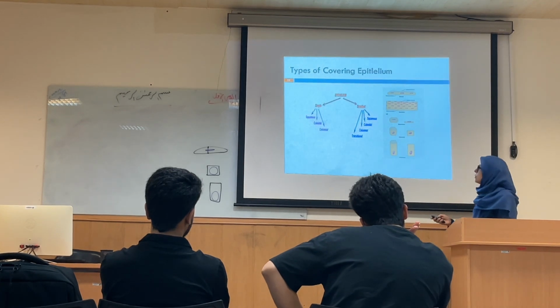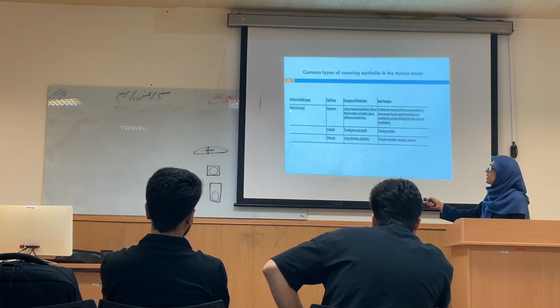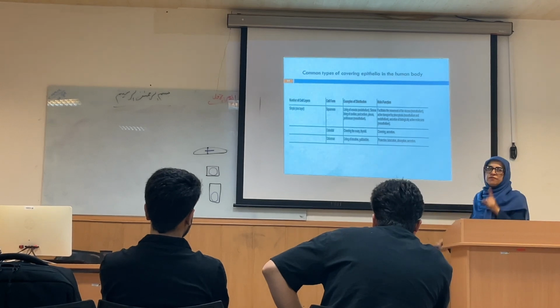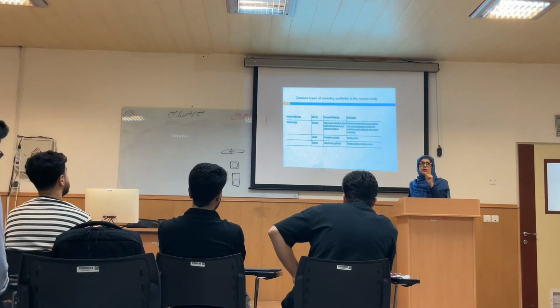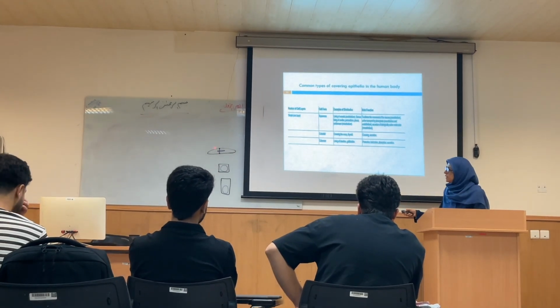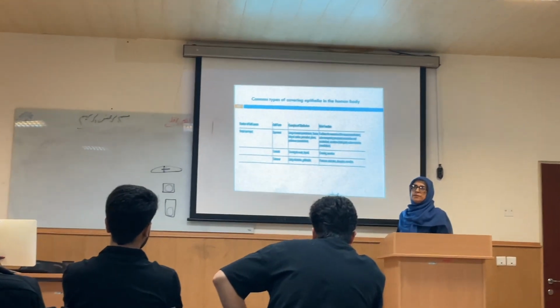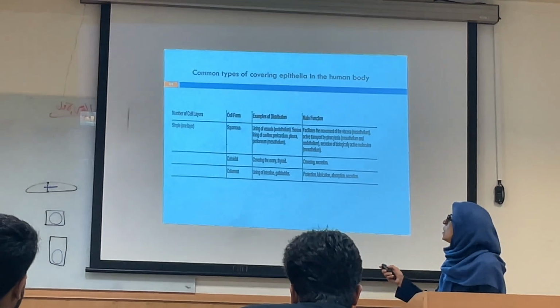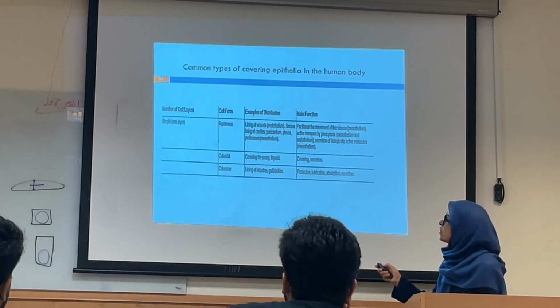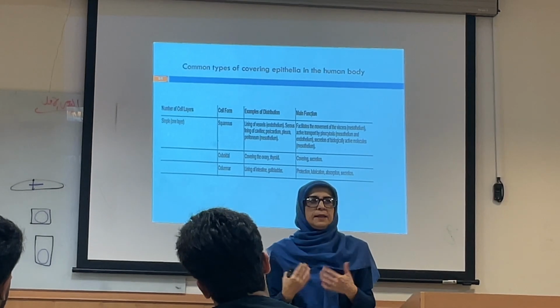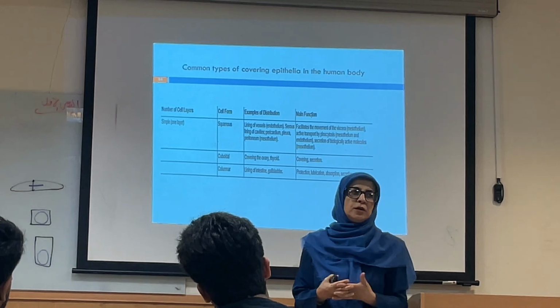Simple squamous, one layer, simple one layer. Simple squamous, one layer of the squamous cells, just one layer of these cells, that line the vessels, and also some membranous structures that we know as peritoneum, pleura, and the pericardium.